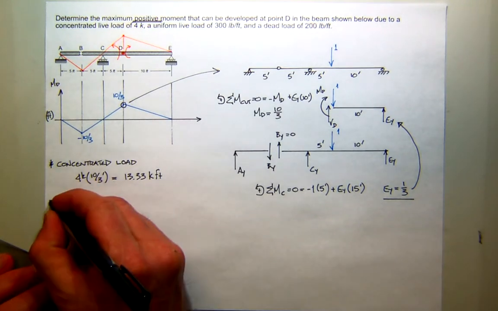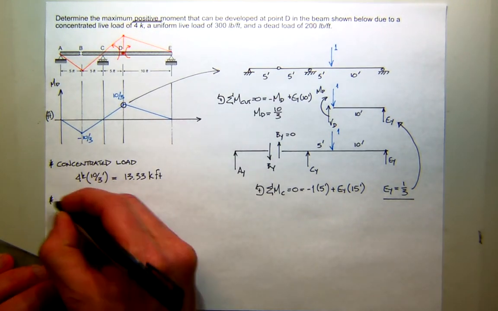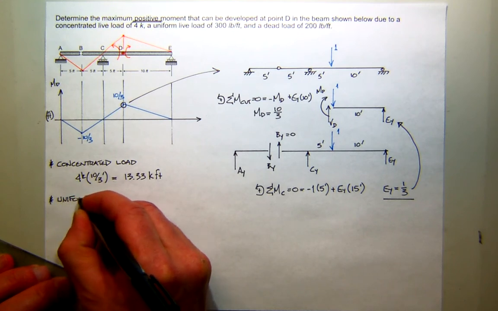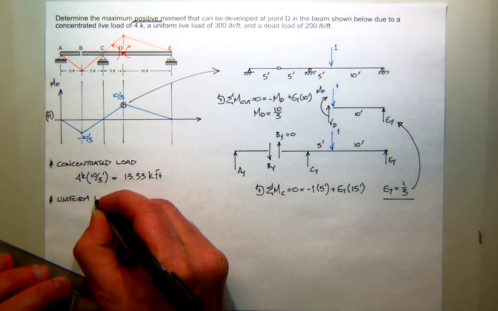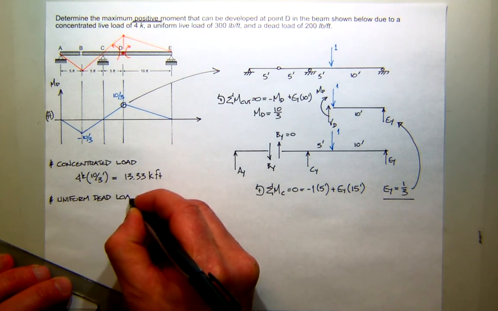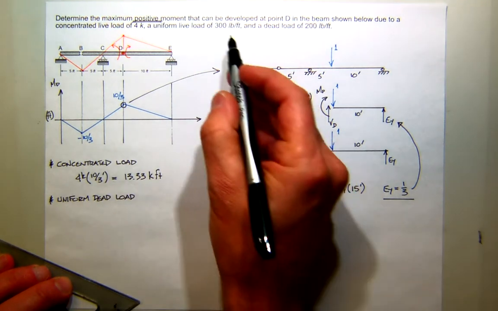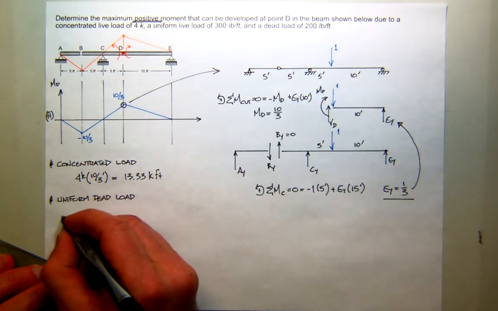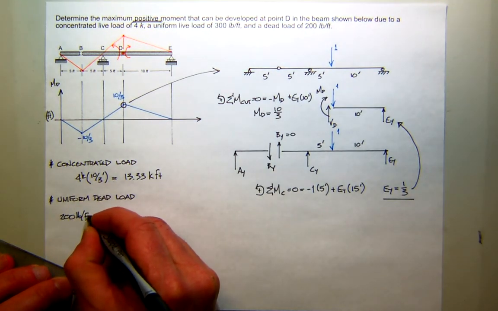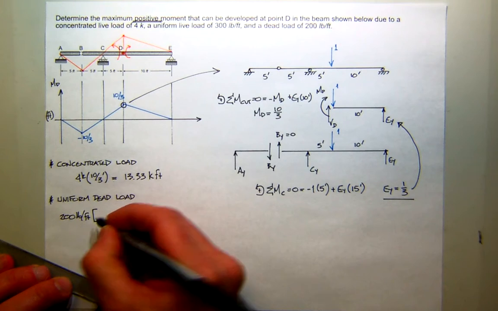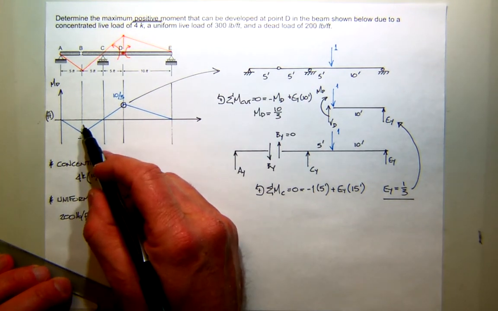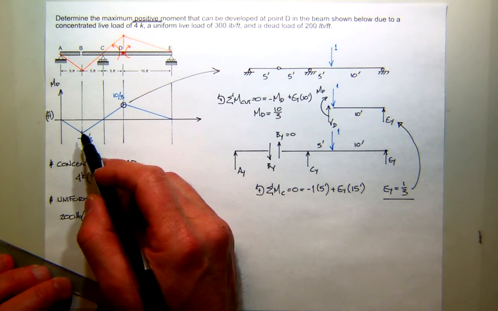So when I do the uniform dead load, I have to multiply this value of 200 pounds per foot times what? The area of the curve. I've got some negative area, I've got some positive area. So I'll do this one first.